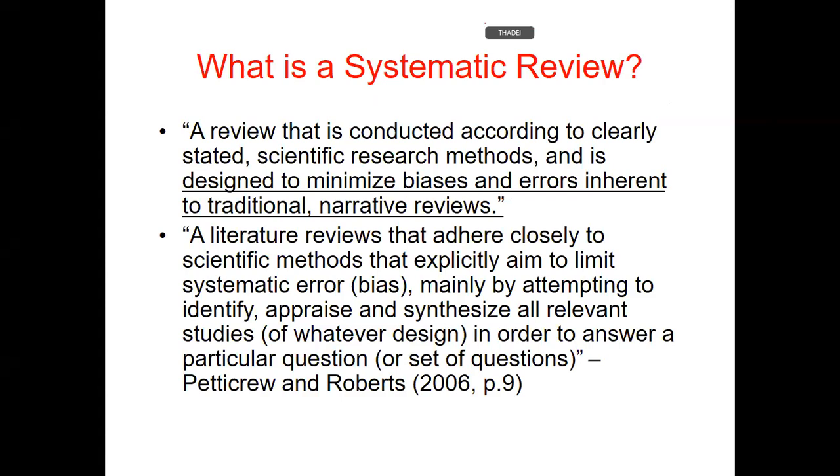Now, systematic review is conducted according to clearly stated scientific research methods, and therefore is designed to minimize biases and errors inherent to traditional narrative reviews, okay? So in a sense, we are doing literature review systematically following some scientific approach.